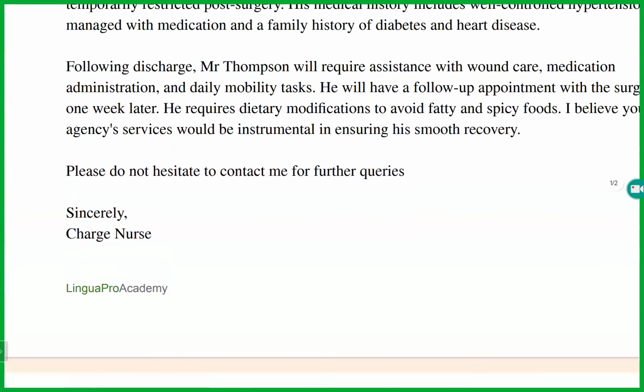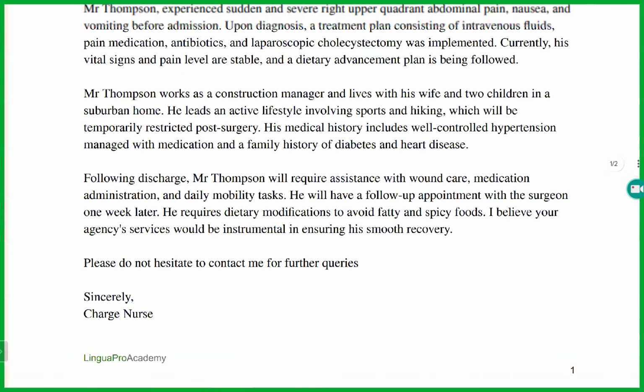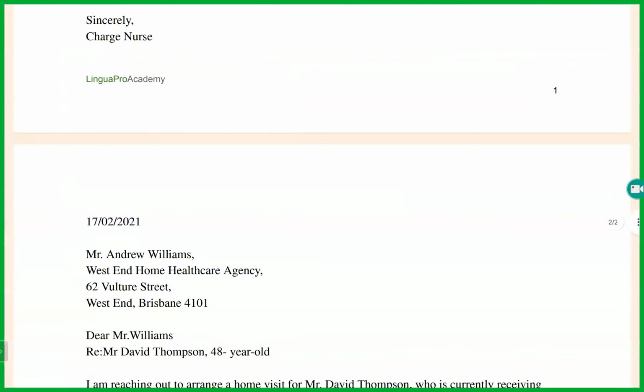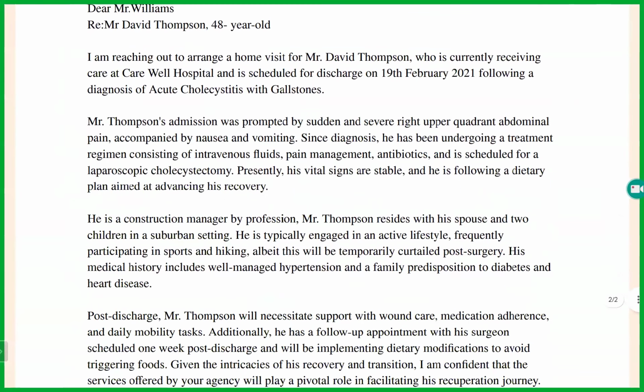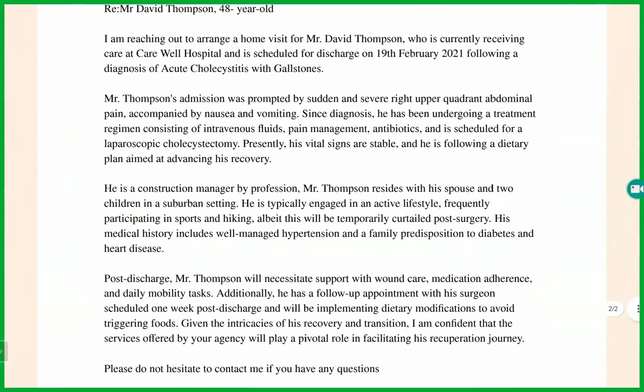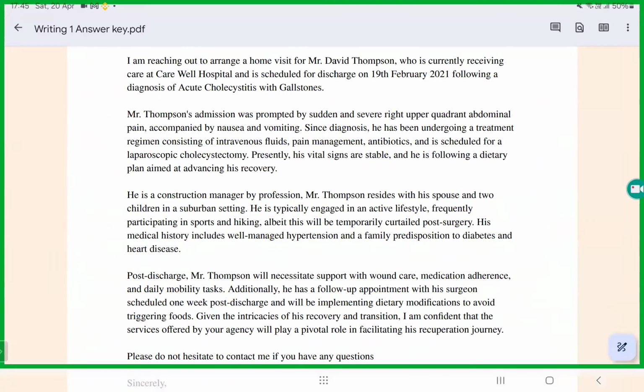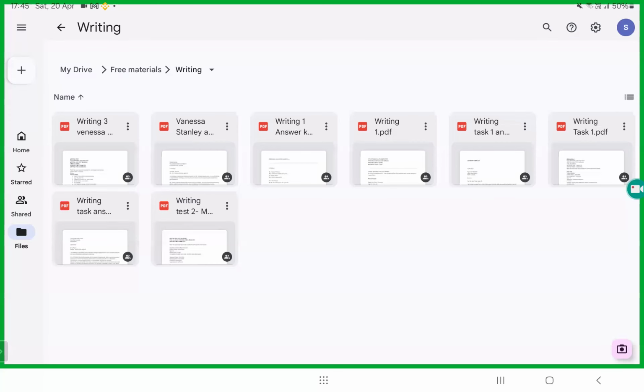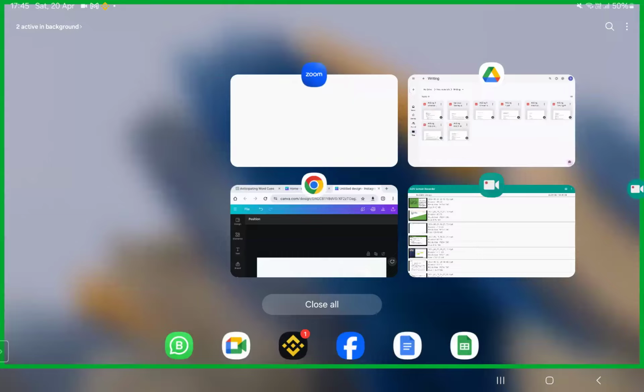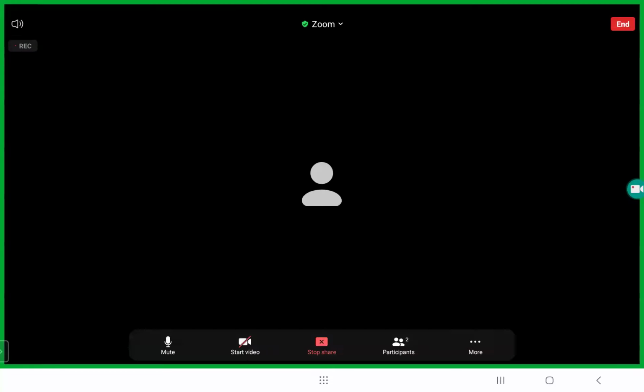So this is one type of letter, and I have also written a different type of letter after that. So you can refer to this letter and write it in your own way. Okay, clear?